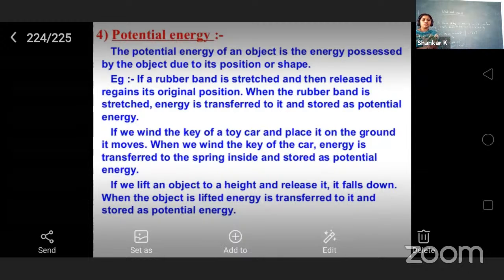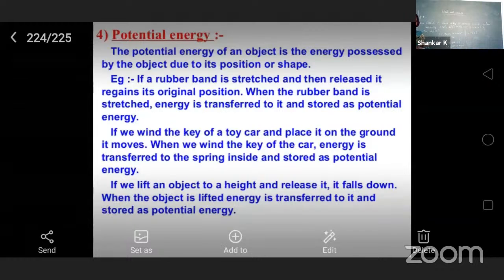When you turn the key, energy is transferred to the spring inside and stored as potential energy. This is an example of potential energy.